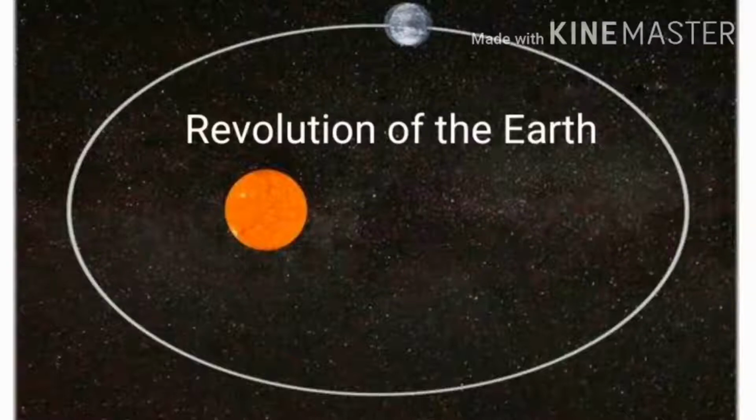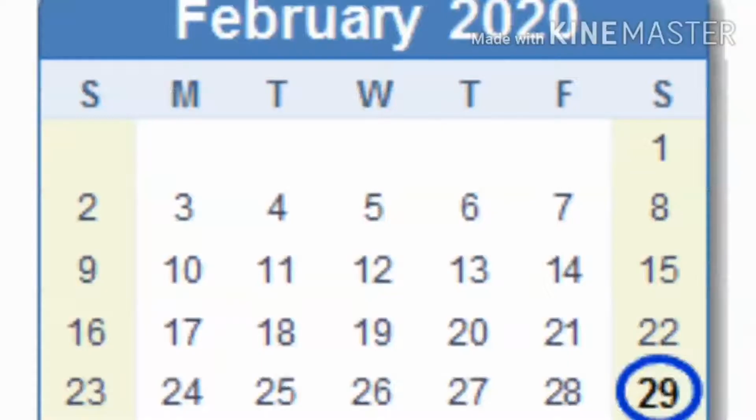To account for the extra quarter day taken by the earth's each revolution, we have one day as 29 February after every 4 years.